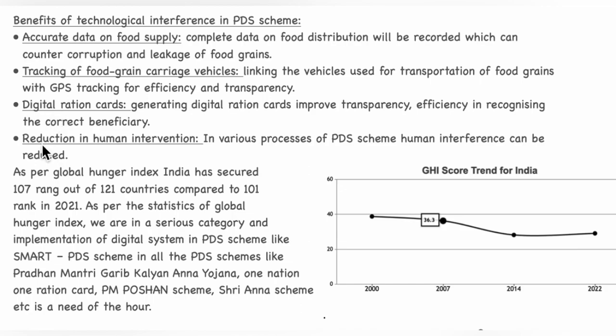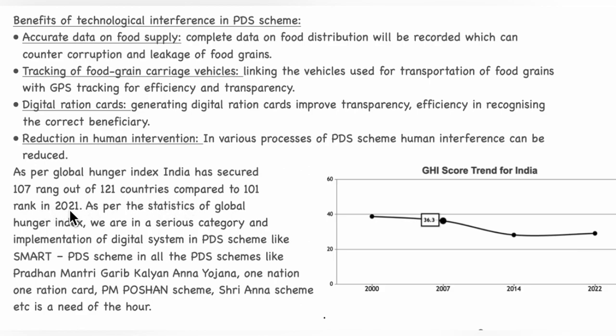Next point is reduction in human intervention. In various processes of the PDS scheme, human interference can be reduced. Conclusion: as per the Global Hunger Index, India has secured 107th rank out of 121 countries, compared to 101st rank in 2021.